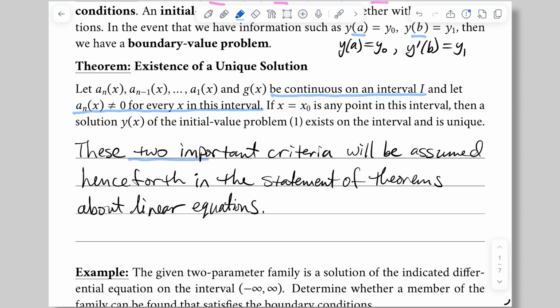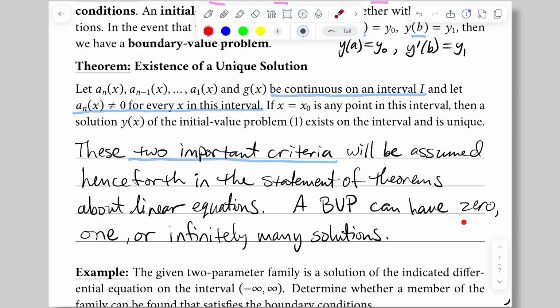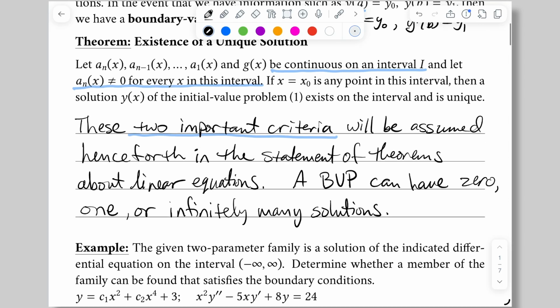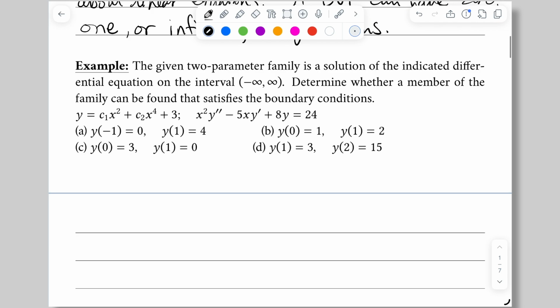These criteria are important, and these two criteria are just going to be assumed moving forward in the statement of theorems about linear equations, meaning from now on we're just going to be assuming that these criteria are true. Now, an initial value problem has a solution that is unique. However, a boundary value problem can have 0, 1, or infinitely many solutions. We're going to look at that now.